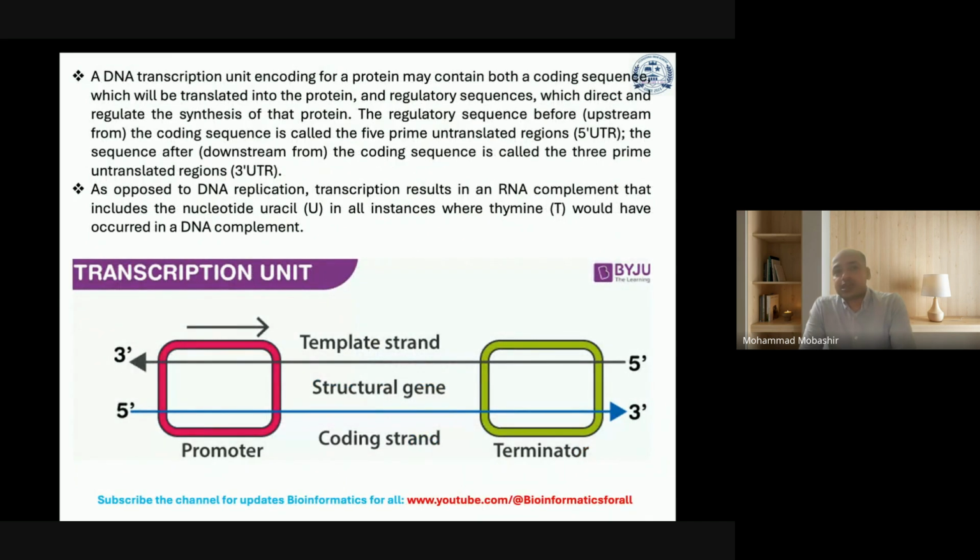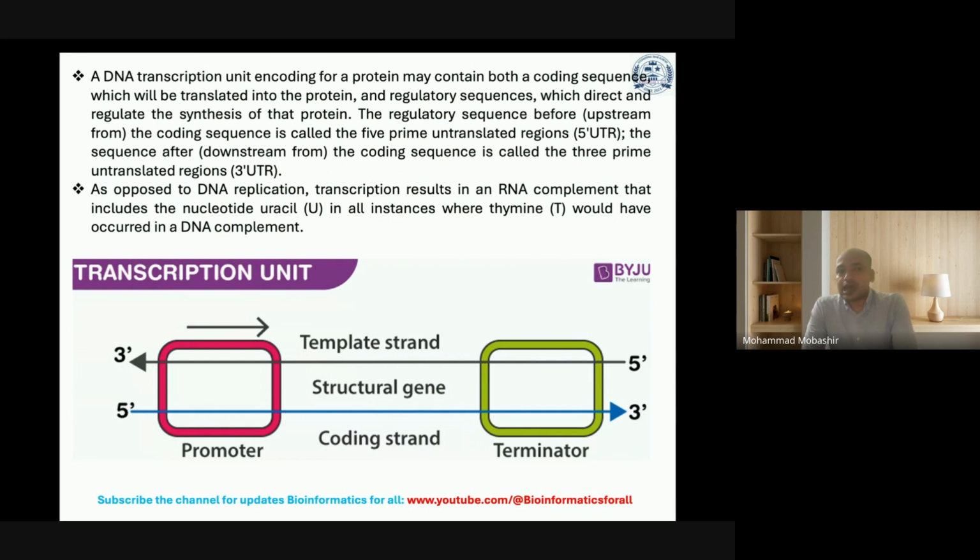Now, a DNA transcription unit encoded for a protein may contain both a coding sequence, which will be translated into a protein, and the regulatory sequences, which direct and regulate synthesis of that protein. The regulatory sequence before the coding sequence is called the 5' untranslated region, so that is 5' UTR.